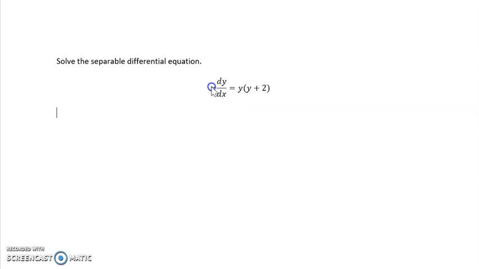So I'm just going to copy my equation, and we're going to multiply both sides of the equation by 1 over x, and we're going to multiply by dx. And we're going to do that on both sides.